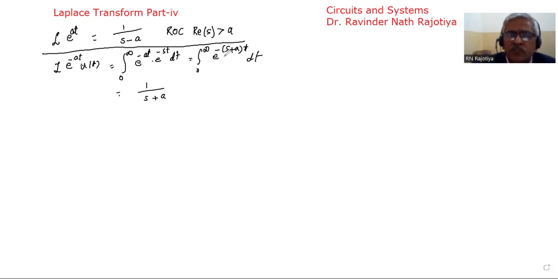When you solve this, e power of minus (s plus a)t by minus (s plus a), and take the limits from 0 to infinity, the solution will be equal to 1 over s plus a.